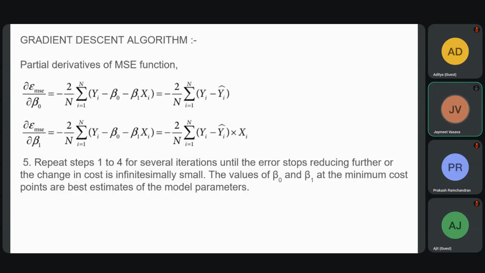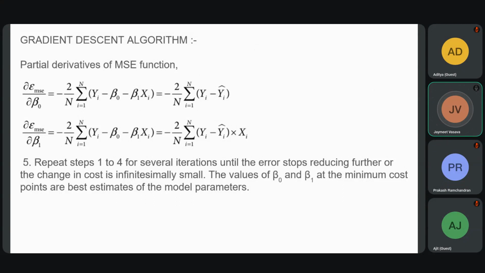So the partial derivatives that were mentioned before, we get the values of them. The partial derivatives of error with respect to beta 0 and beta 1 are given by -2 by n with summation of i equals 1 to n for all the records, of yi minus yi hat, which is basically the difference of the actual minus the predicted value.